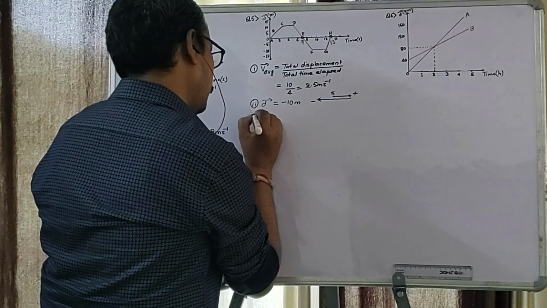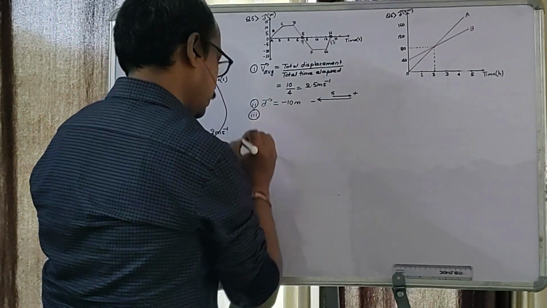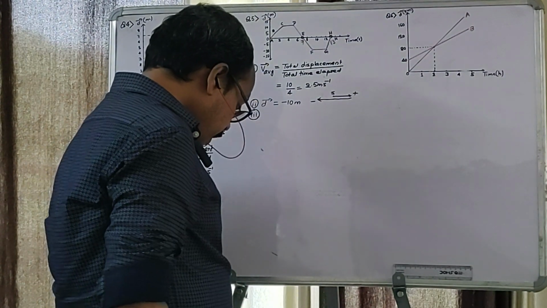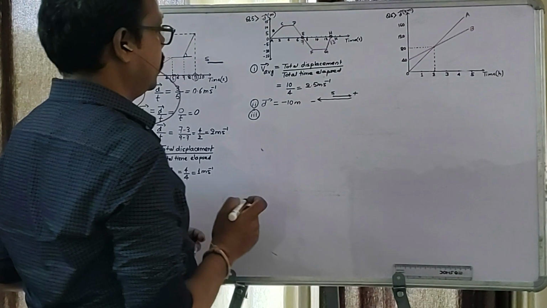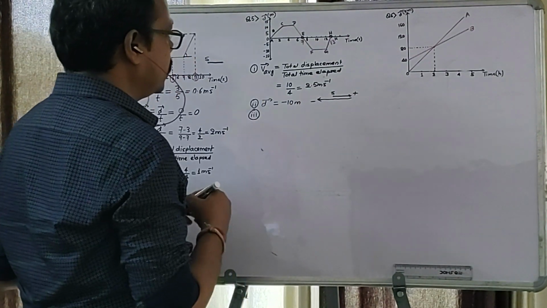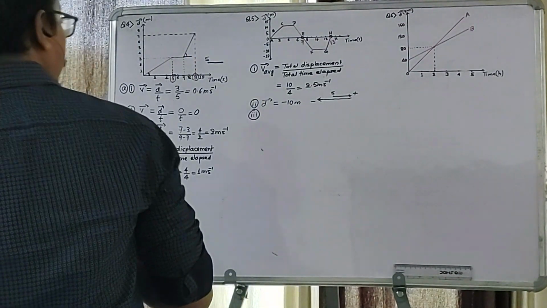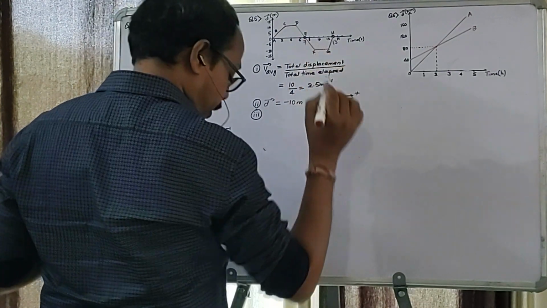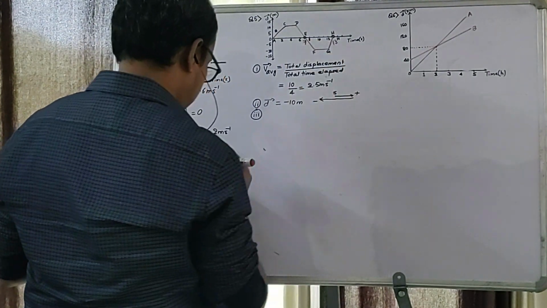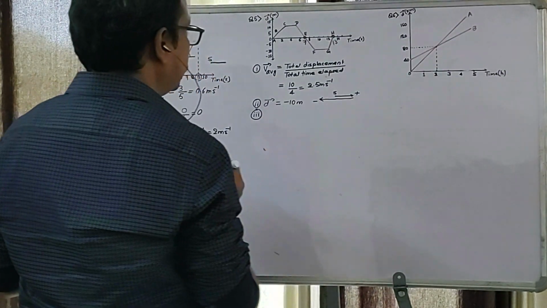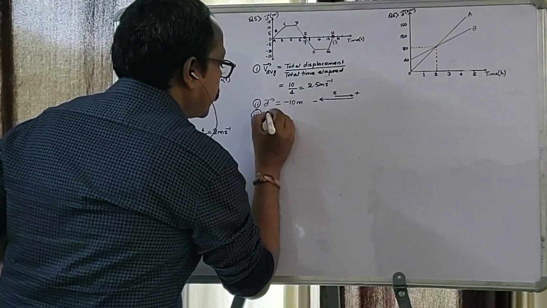Okay. Third thing. What is the third part it is talking about? The time after which he reaches the starting point. So we can say, what is the time at which it is started?